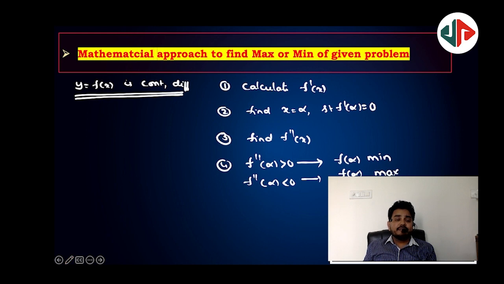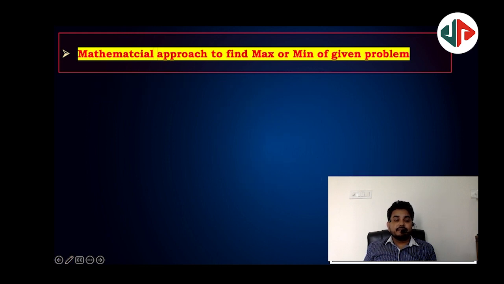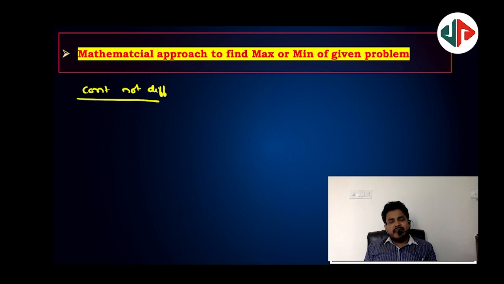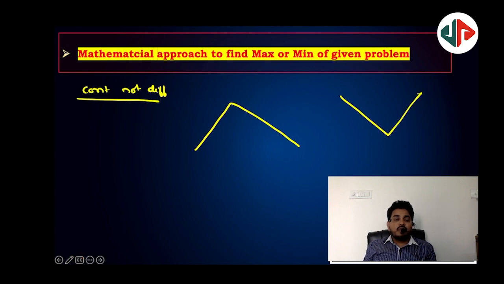Next one is if the function is continuous but not differentiable. Not differentiable means the curve is like this. Here the function is increasing, that means if this is x is equal to a, f dash of a minus is greater than 0, and on this side the function is decreasing, f dash of a plus is negative.